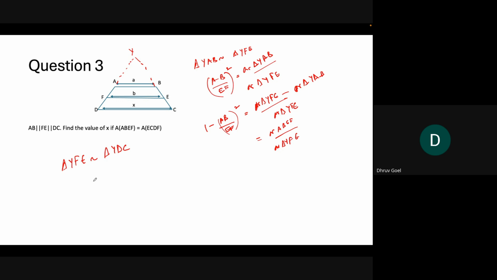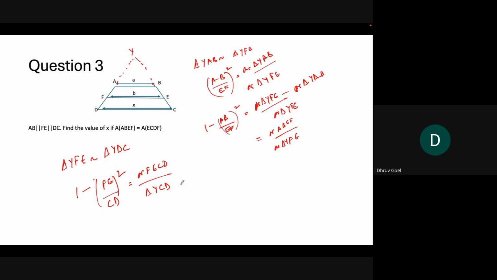And similarly, if I apply this concept, 1 minus FE divided by CD whole square is equal to the area of FECD upon the area of YCD. I can say this thing.